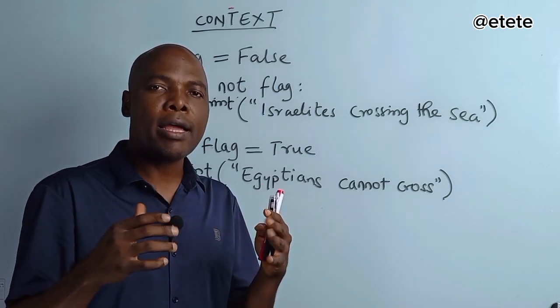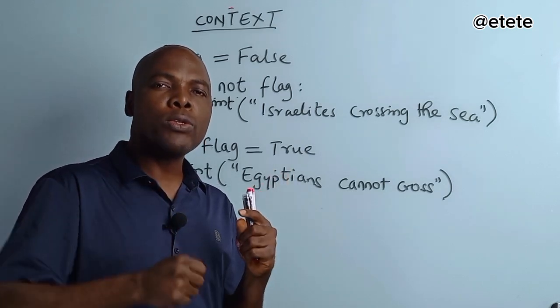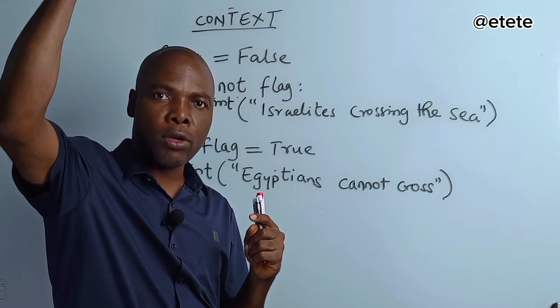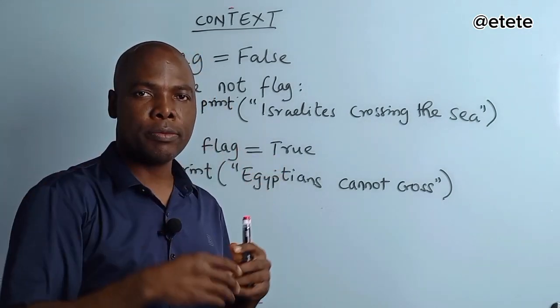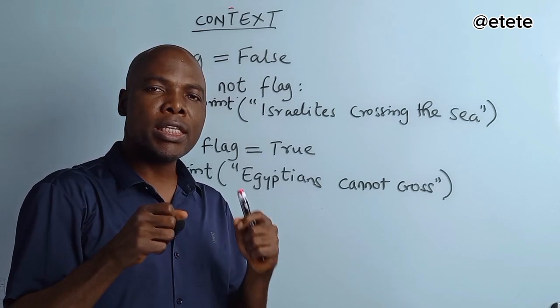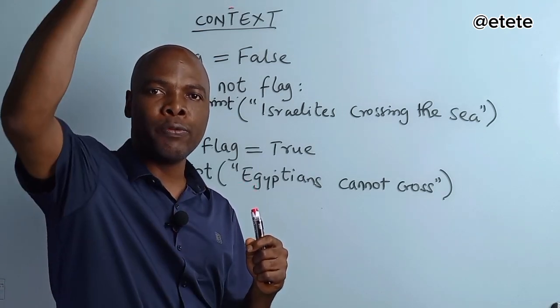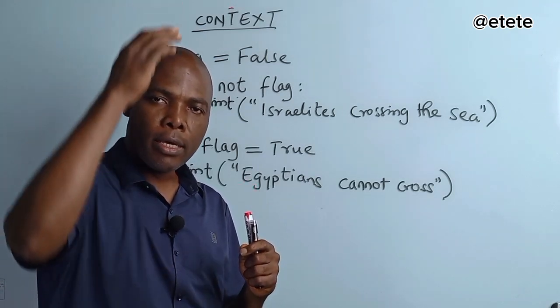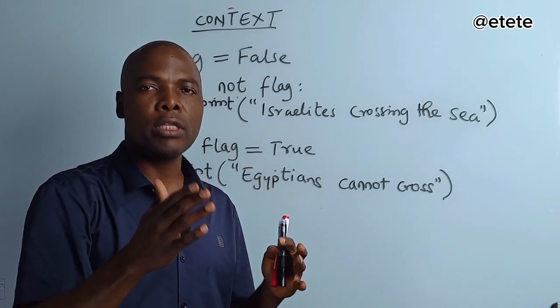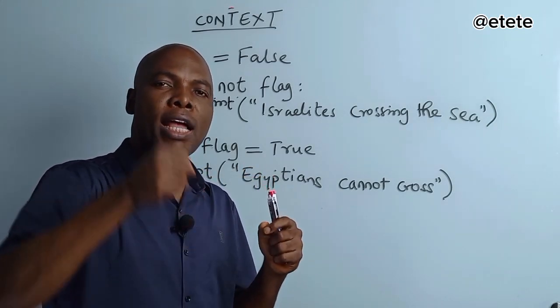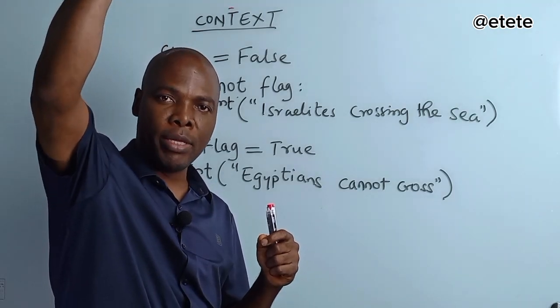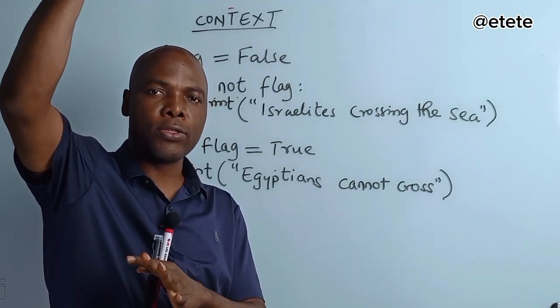Then the instruction is, when you see the gatekeeper raising the false flag, the Israelites can start crossing. But the moment you see the gatekeeper raising the true flag, the Egyptians cannot cross. Even the Israelites will not be able to cross. So as long as the false flag is being raised, the Israelite can cross.